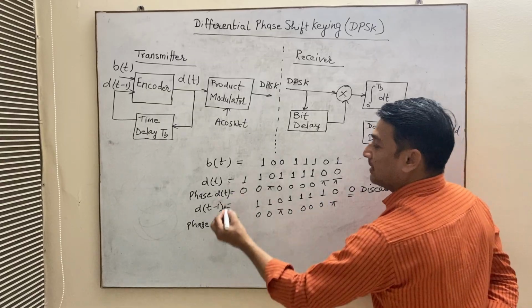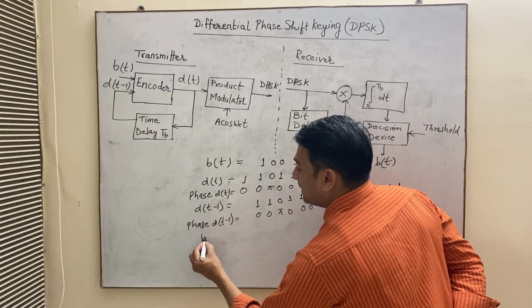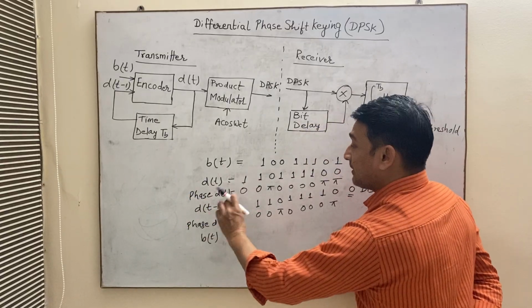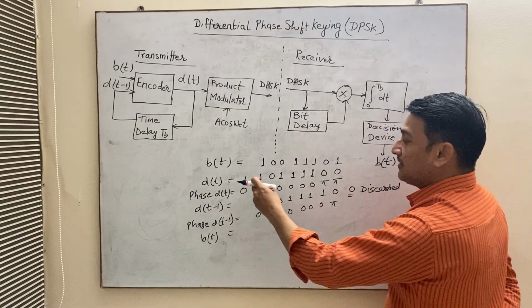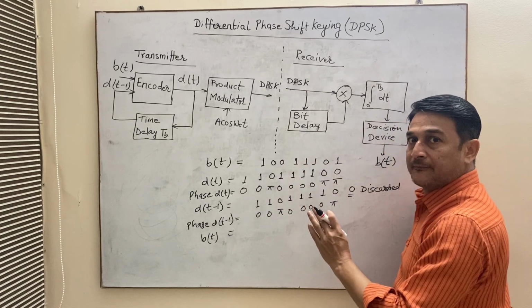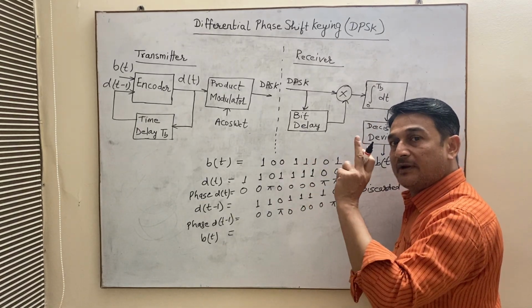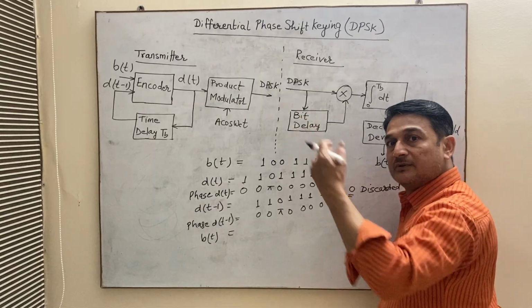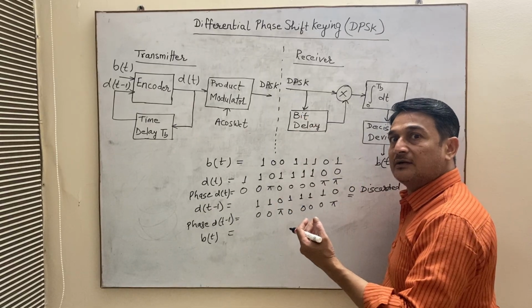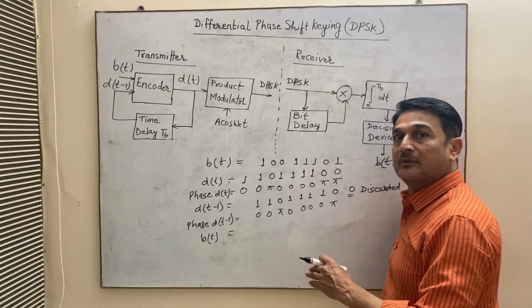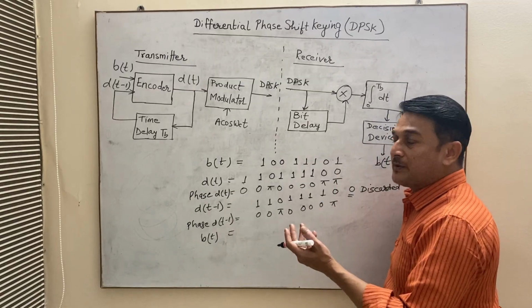Now we will compare the phase of dt and dt minus 1. If both phases are the same, whether it is 0 0 or pi pi, it will be bit 1. And if the phases are different, that is one bit has phase 0 and the other has phase pi, then the output would be 0.